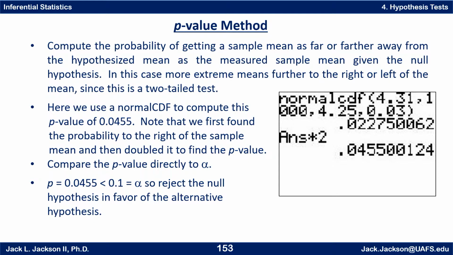So in other words, the smaller the p-value, the less probability we could have made a type 1 error. So the p is 0.0455. That's less than our acceptable threshold for a type 1 error, alpha, of 0.1. So we reject the null hypothesis in favor of the alternative hypothesis.